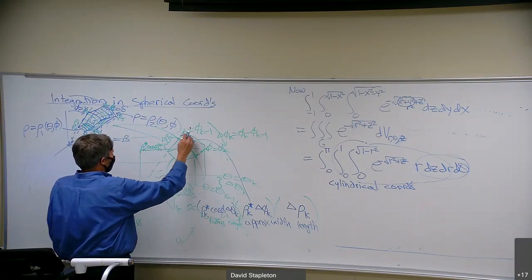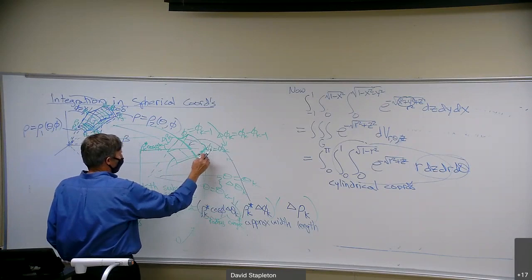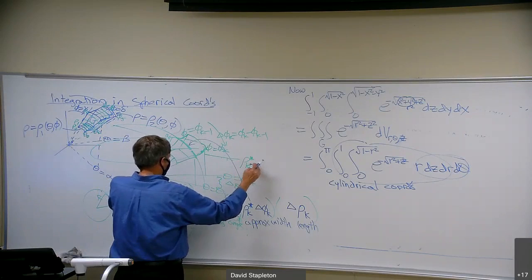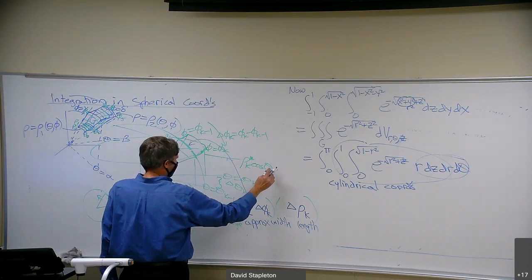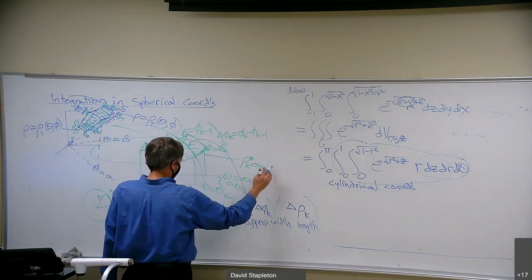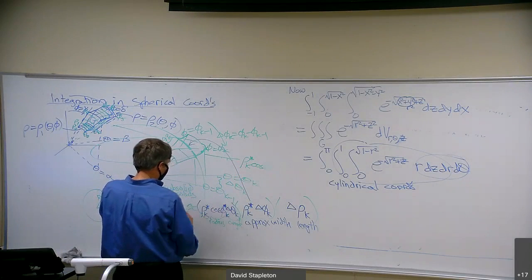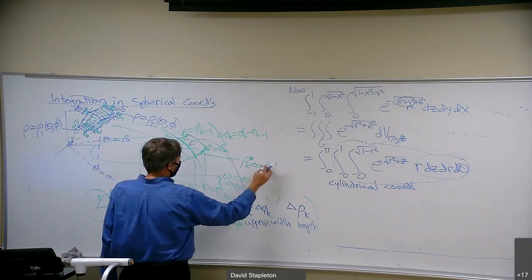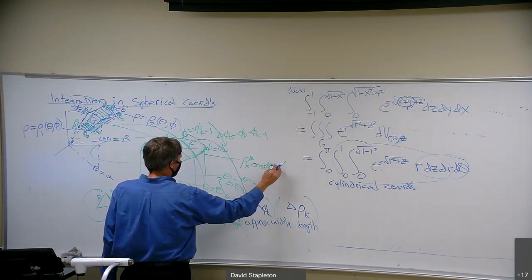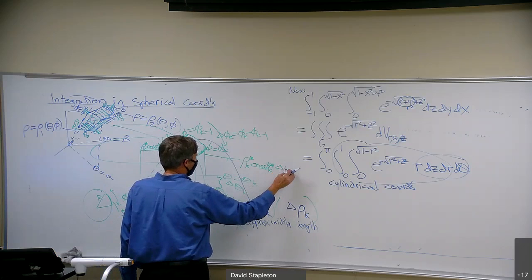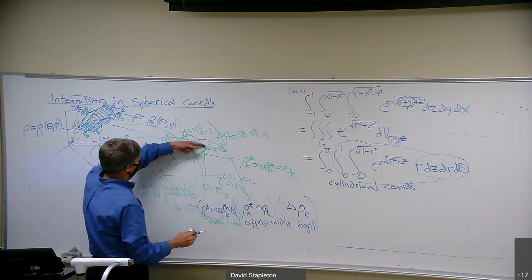So the approximate arc length along the edge here is approximately rho k star cosine phi k star, we'll put a k star because it's a k piece and some intermediate point, times the angle delta theta k. So that's the approximate length along here.